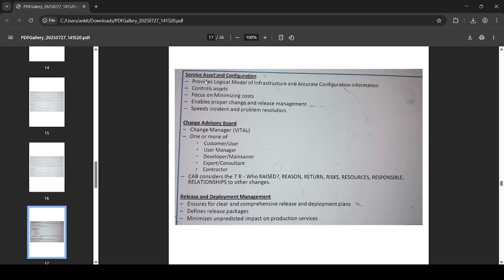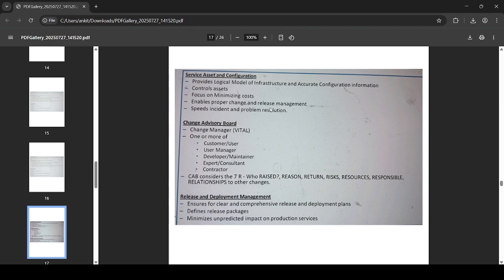Okay, next is service asset and configuration. It provides the logical model of infrastructure and accurate configuration information. Control the asset. Asset and configuration also come under service transition only. Focus on minimizing cost, enabling proper change and release management, and speeding up incident and problem resolution.